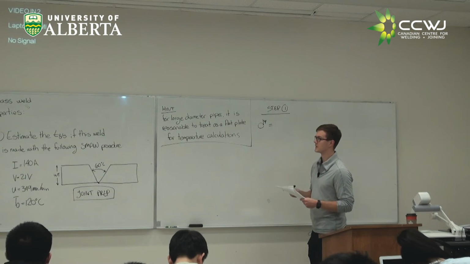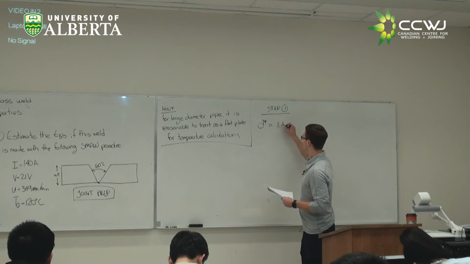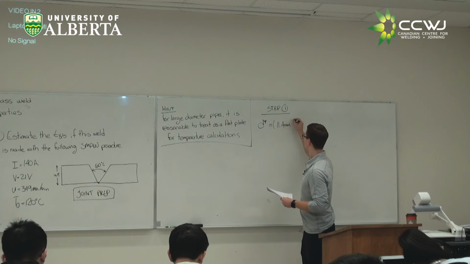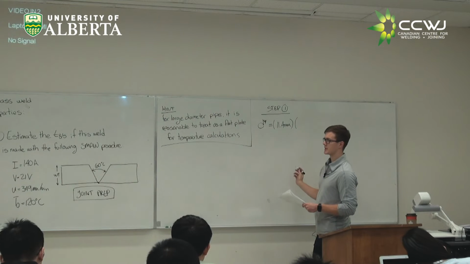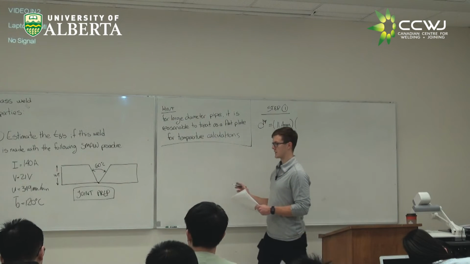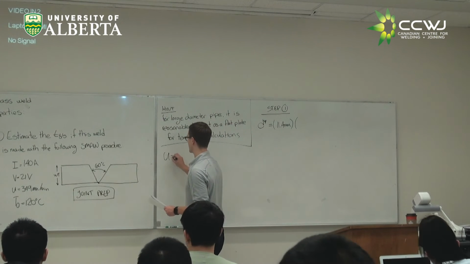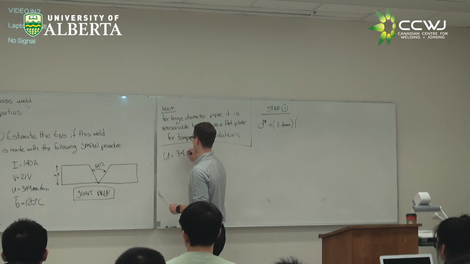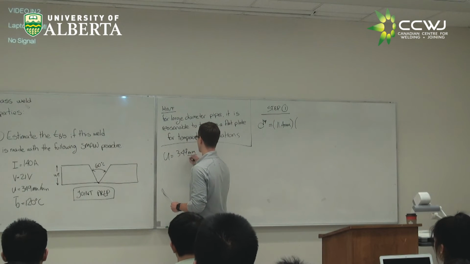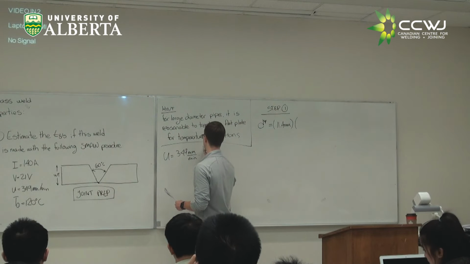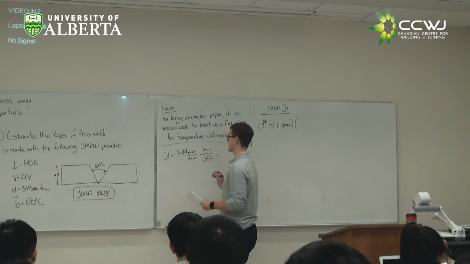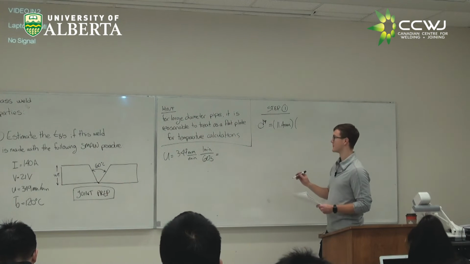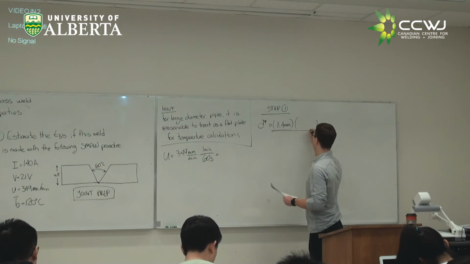So here, we're given D, it's 11.4 millimeters. U, we're given in millimeters per minute. Unlike last time, I think we're going to convert this to start with. So U is 349 millimeters per minute times 1 minute, 60 seconds. Whenever someone has that number, just give it to me.